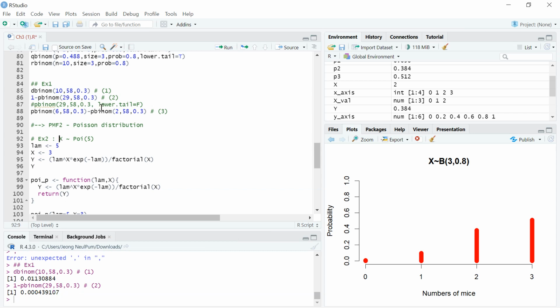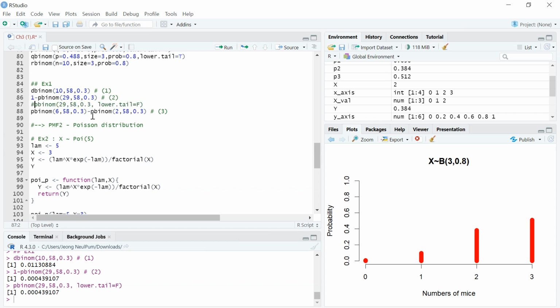And as I already said, if we set the lower tail option as false, we don't have to deduct the result from 1 and can just use the result directly for our answer. So when you set the lower tail option as false, the result will give us the same value as the previous code.